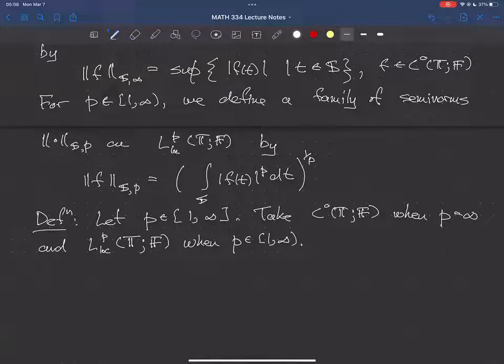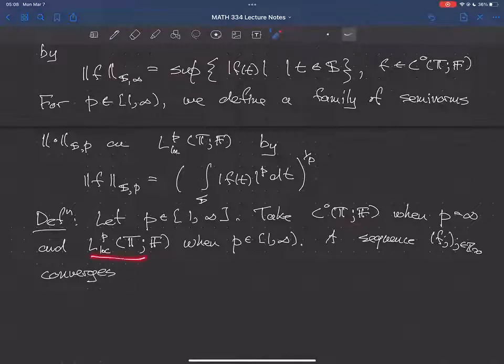So a sequence f_j in whatever space, so let me not write it down, converges. This sequence will be in here when p is equal to infinity, and here when p is between 1 and infinity.